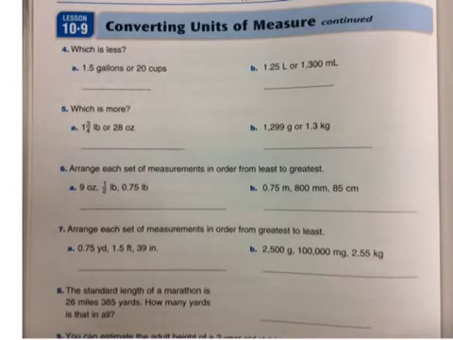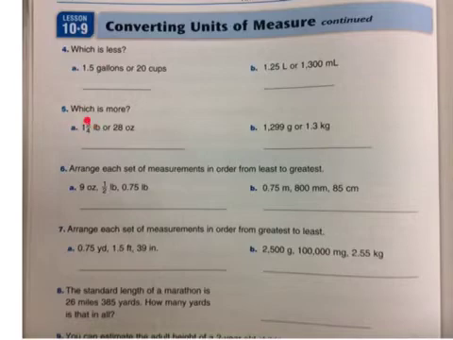Continuing on the next page, page 366B, we're continuing to measure, convert, and compare. On question 5A, 1 3/4 pounds or 28 ounces, which is more? Well, we understand that 1 pound is 16 ounces, and 3/4 of 16 would be 12.